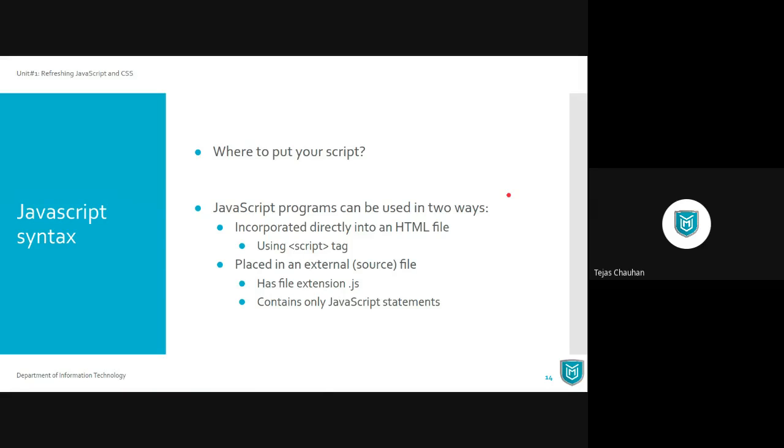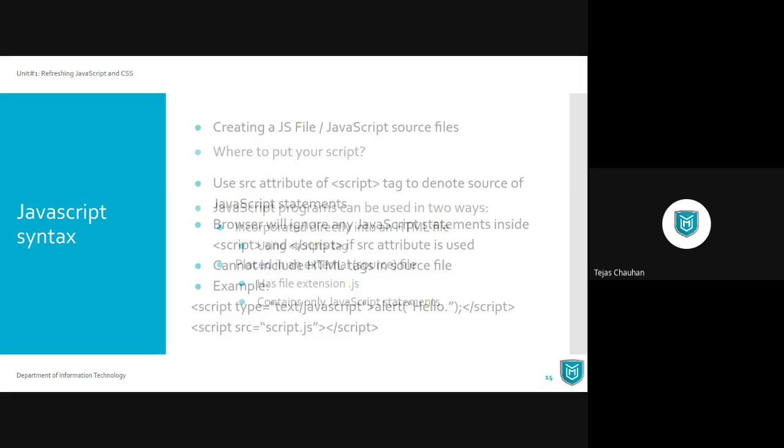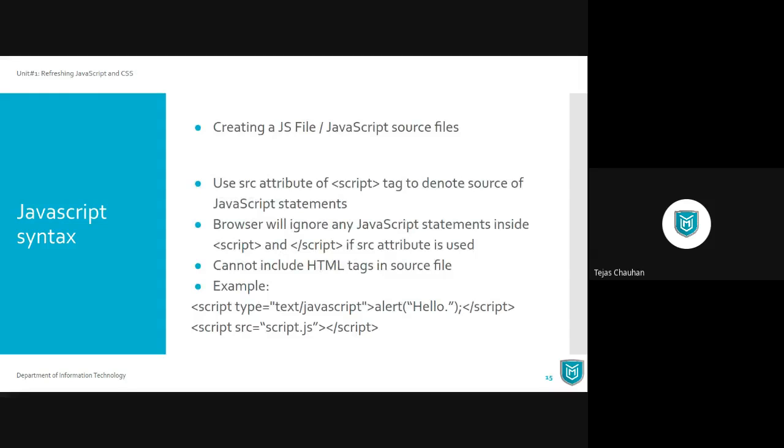Now, how do we link our external JavaScript file to the HTML file? Once we create a separate source file having .js extension, we use the same script tag here, okay? But along with that script tag, we define the source attribute.